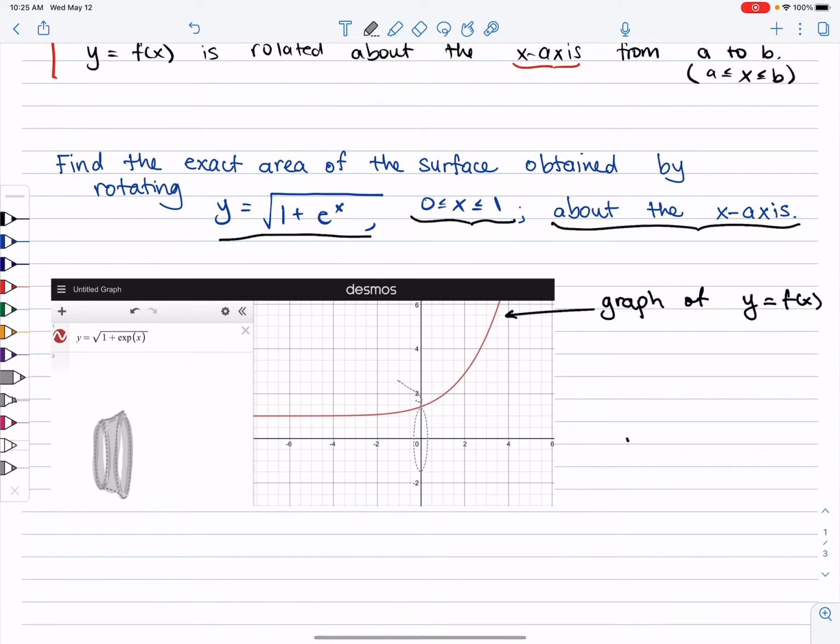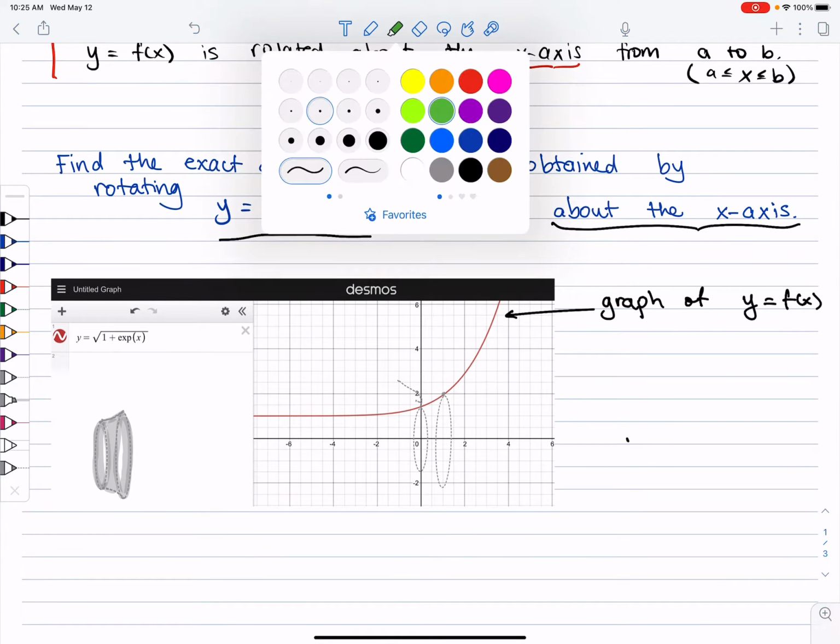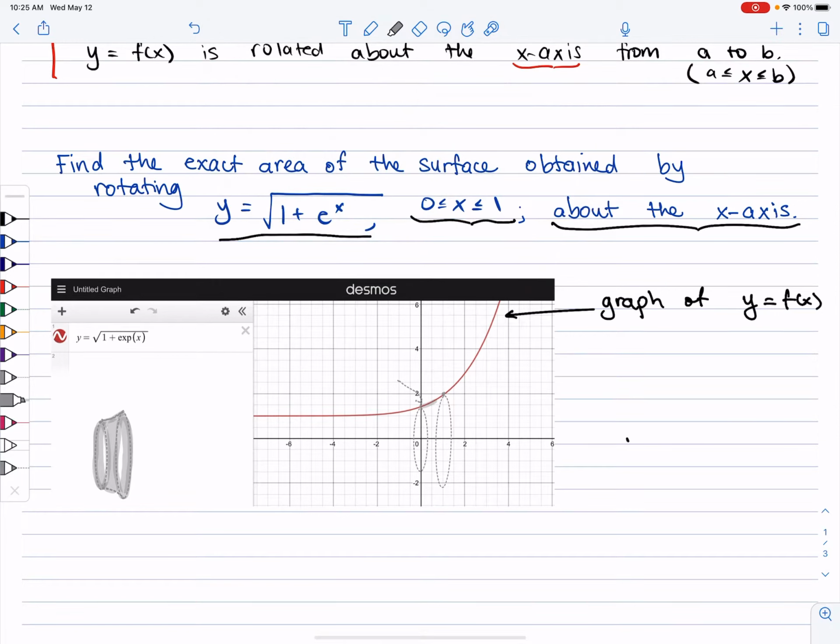And then we're going to get this point here, and again, we're going to be rotating it. So what we're essentially doing is getting this graph here and rotating it about the x-axis. Again, we're only rotating that length of the curve.